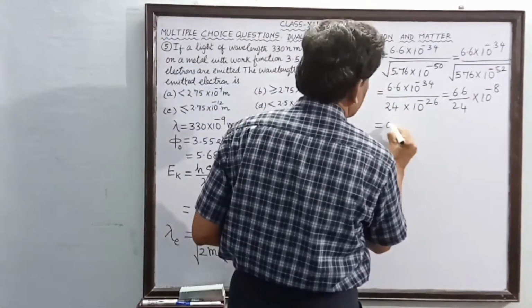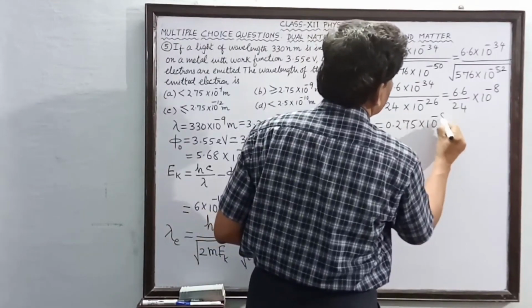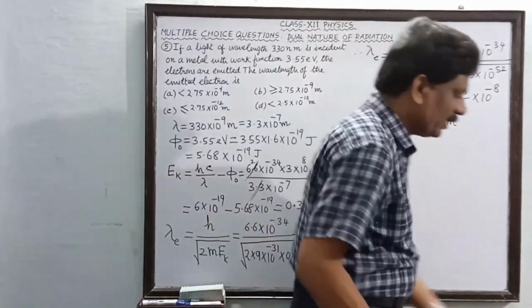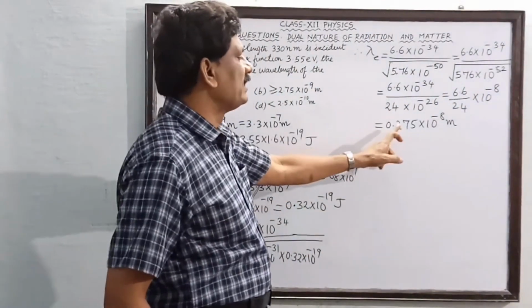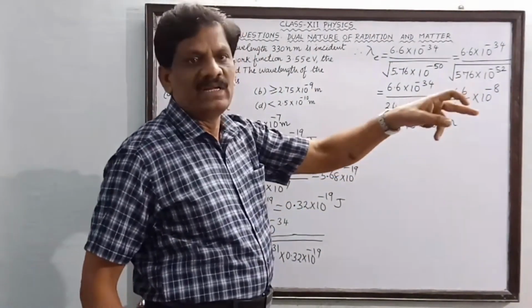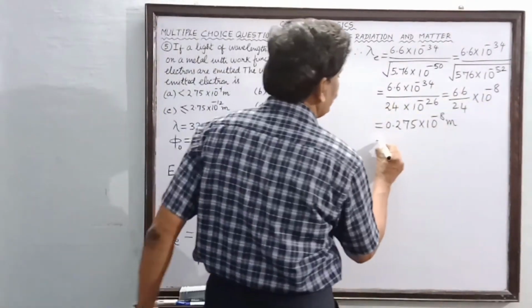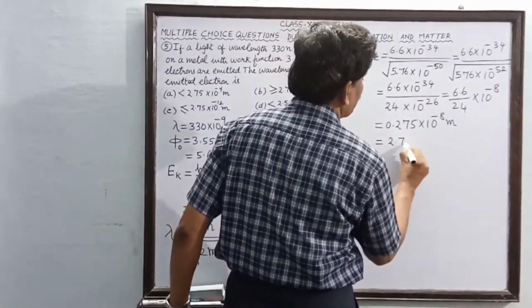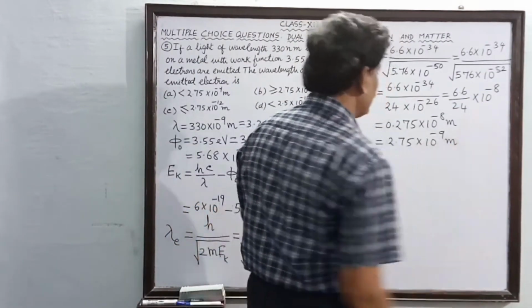So this is equal to 0.275 into 10 to the power of minus 8 meter. Okay, students. Now I will adjust the decimal place such that this is 2.75 into 10 to the power of minus 9 meter.